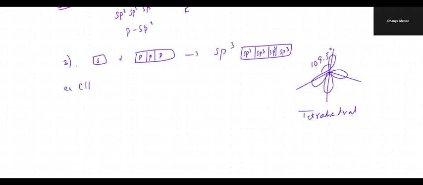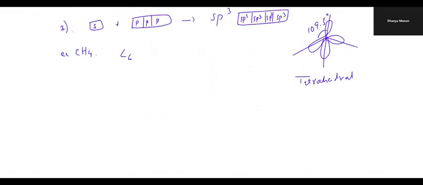Now carbon's atomic number is 6. 1s2, 2s2, 2p2. So this is the 2s orbital, this is the 2p orbital.